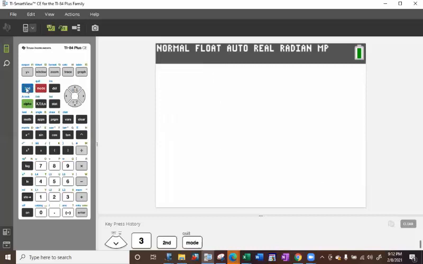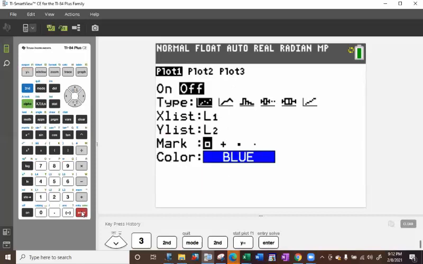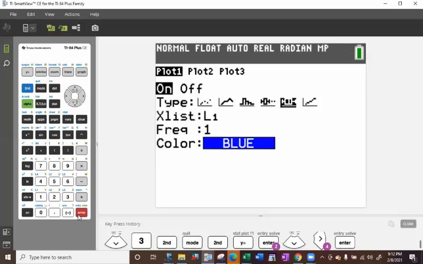And if you go to stat plot, second stat plot, you have to turn that on. Enter, now it's on. And if you scroll down here, the fifth one right there. Okay, there we go. That's our box plot. And then we can just hit enter from here.